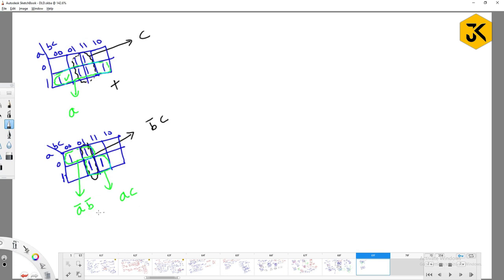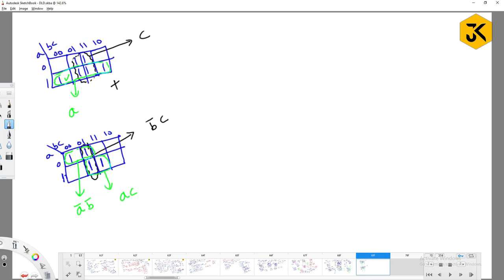So just think, is this the final minimized expression? No, it is not the final minimized expression, right? Because you have considered this black color circle also, and this black color circle is already covering the remaining two minterms. Am I right or not?